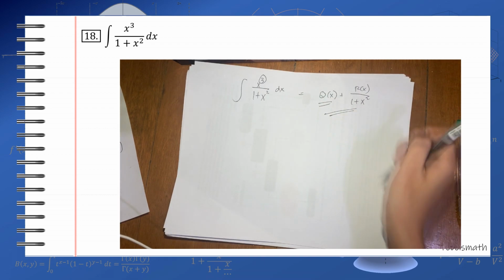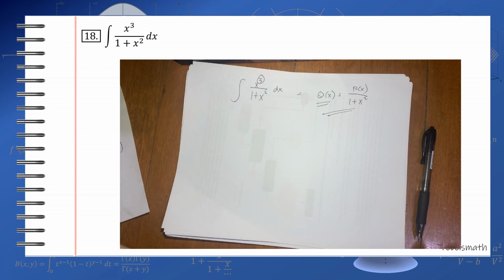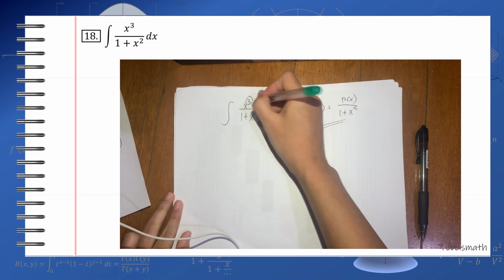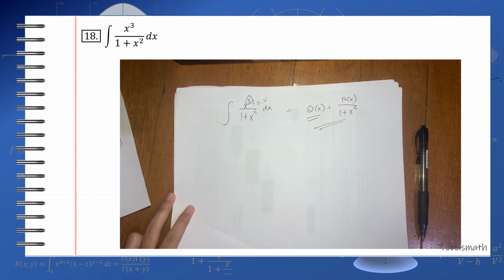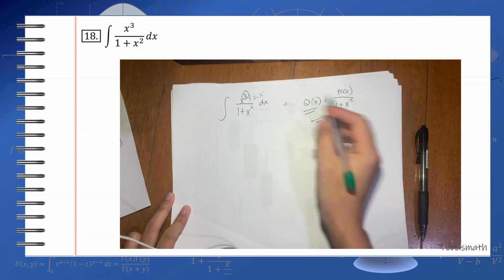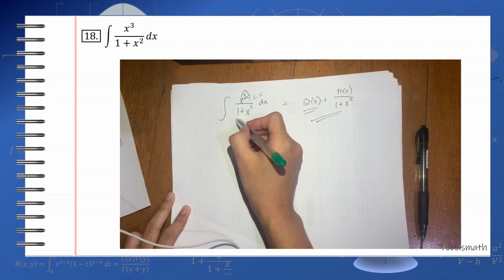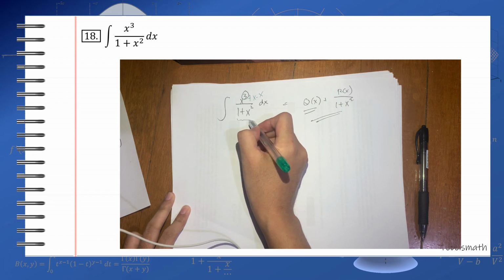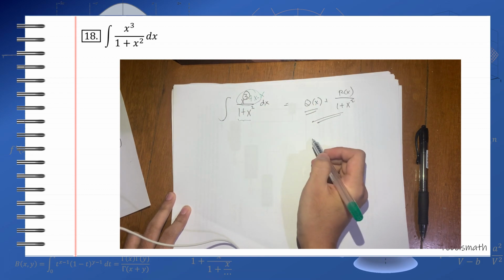As to how to find this, you can do long division, but I don't recommend that. What we can do is plus x minus x. I do that because I want to factor out the 1 plus x squared here.